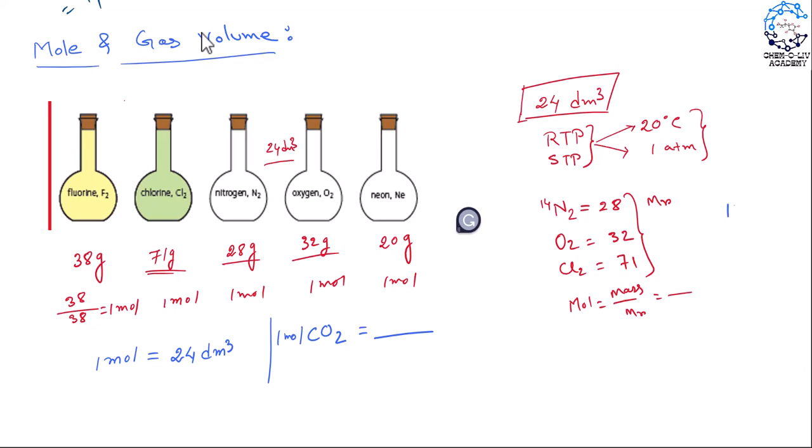MR for carbon dioxide is 12 plus 32, it's 44. So 44 gram. Now this 44 gram is going to occupy how much volume? 24 decimeter cube. Irrespective of the gas, if it is 1 mole, then it's going to occupy 24 decimeter cube. So this is about the gas volume.